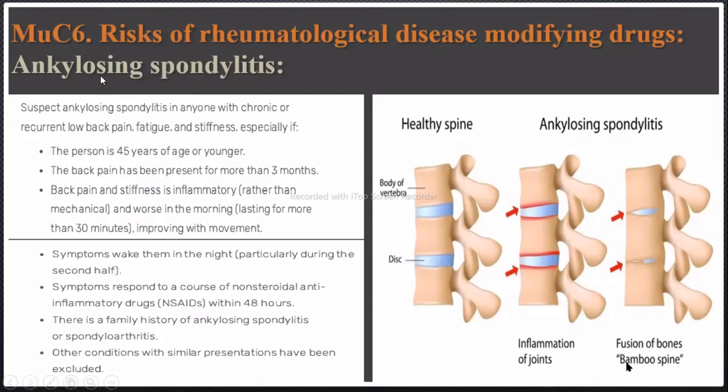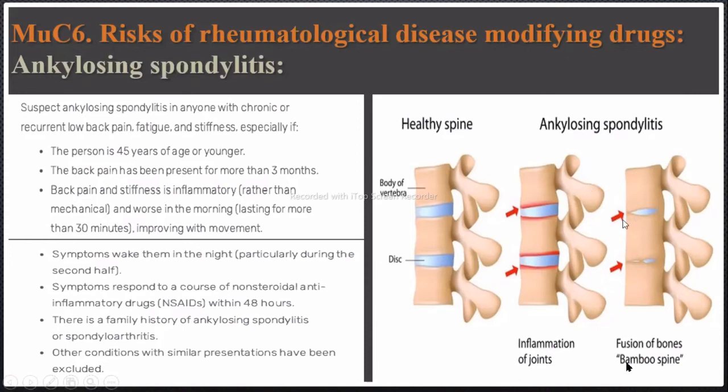So think about ankylosing spondylitis. This is a healthy spine. This is a normal body of vertebra. This is a normal disc. If there is inflammation of joints, it will decrease in size like that. It will be inflamed.